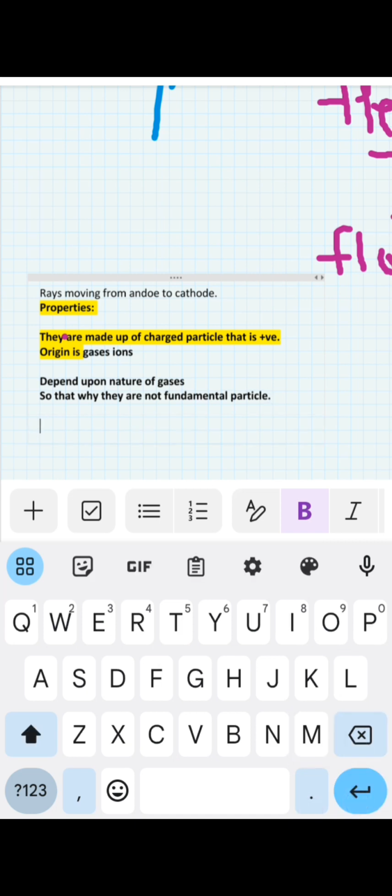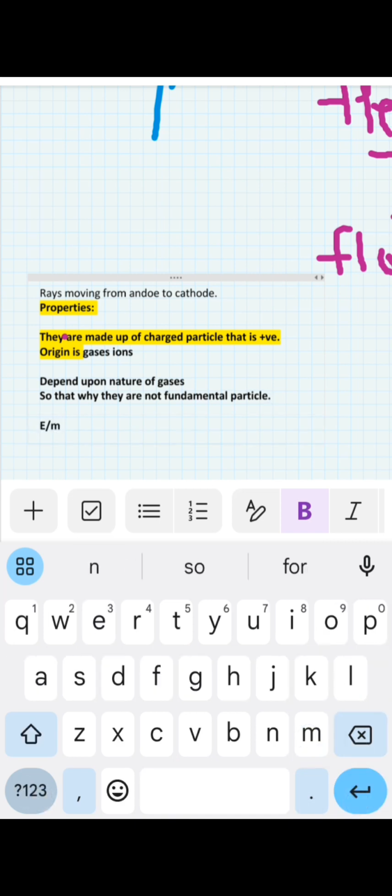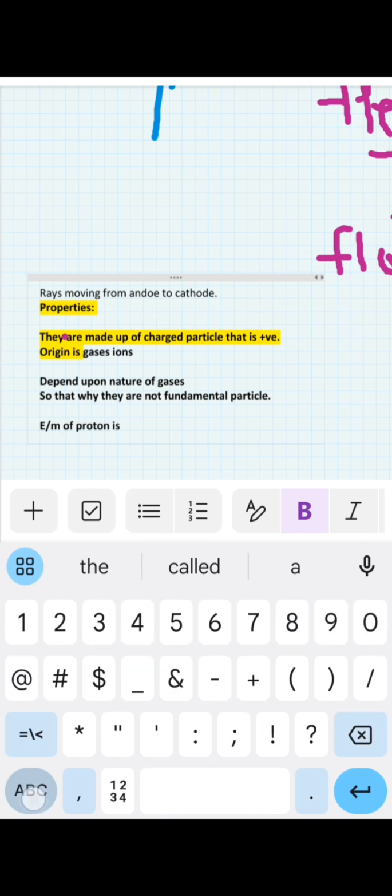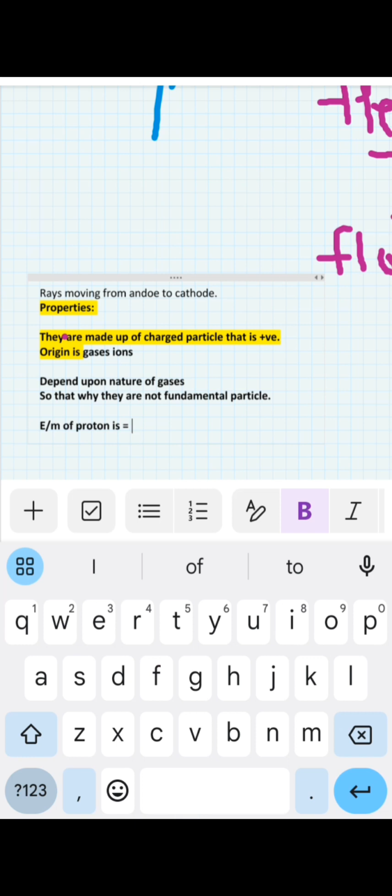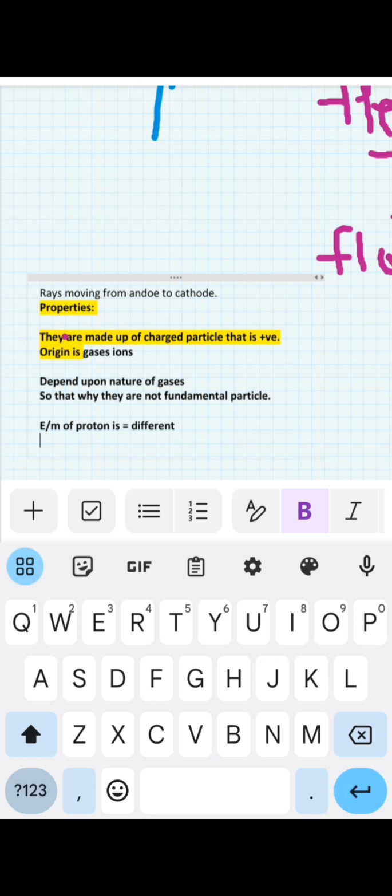After that, the e/m ratio of proton is different for different material, it depends on the nature of gases, and it is different for different material.